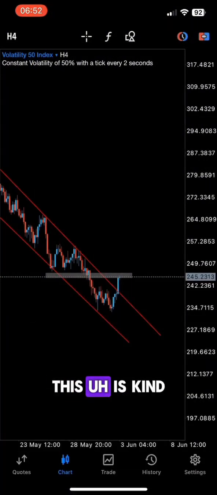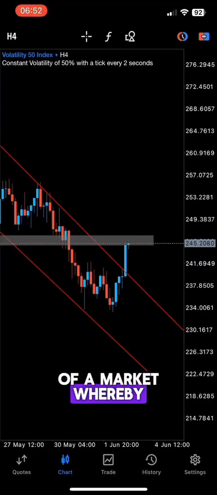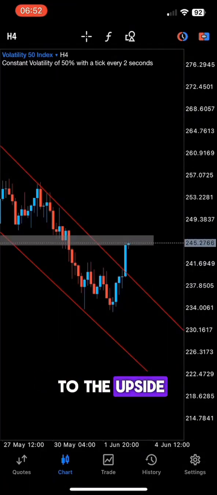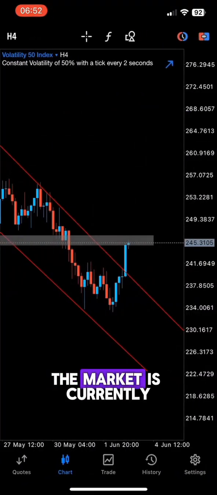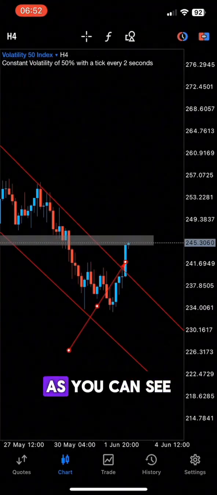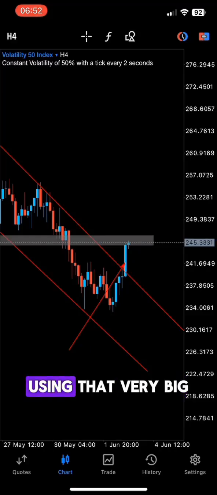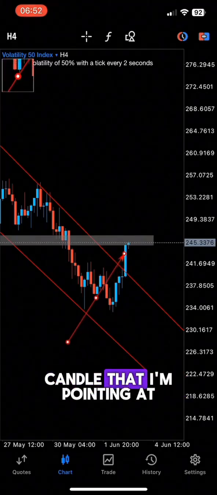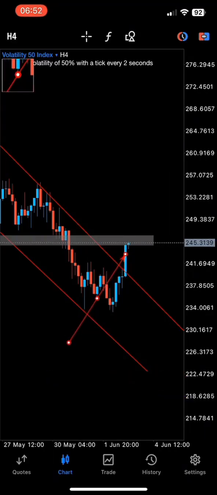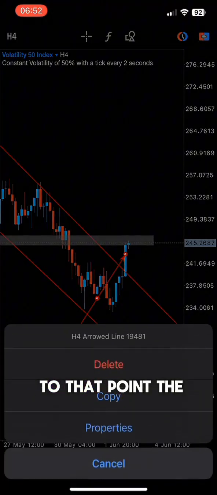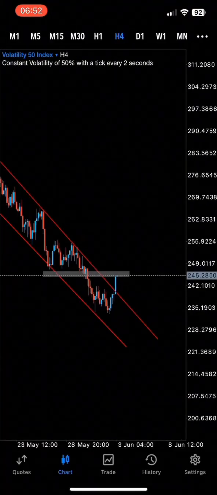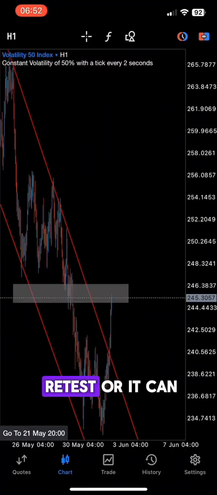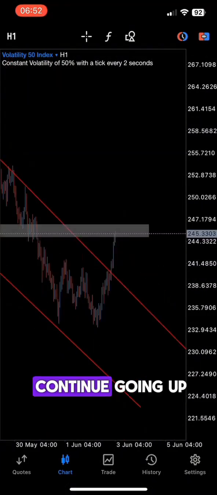This is kind of a market whereby when the market breaks to the upside, it continues going up. But however, the market is currently at a resistance level. As you can see, the market broke using that very big candle that I'm pointing at. So after it breaks to that point, the market can, however, come back for a retest, or it can continue going up.